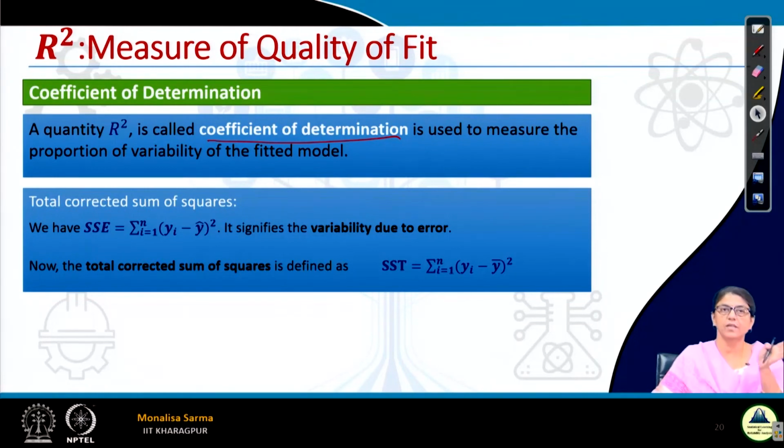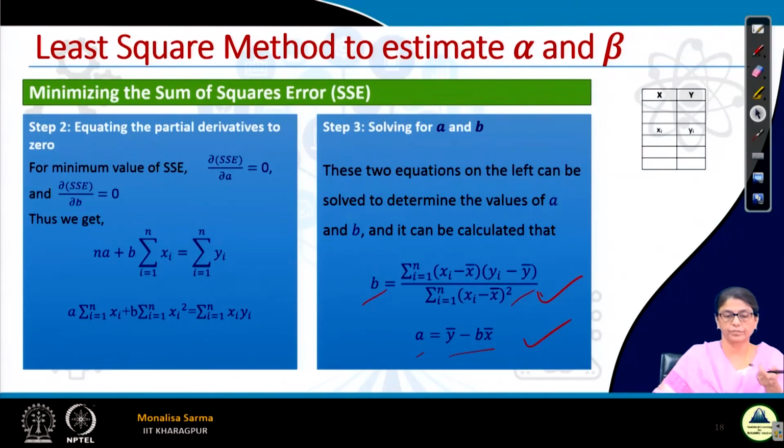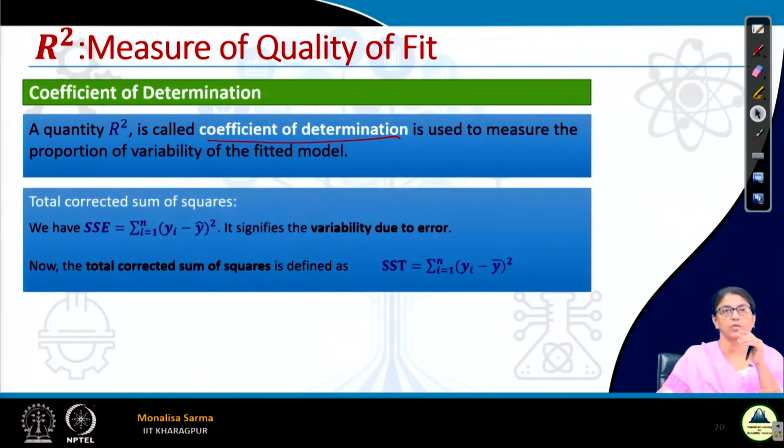So, to define R square basically we need two terms. One is SSE, which we have already seen. What is this SSE? Sum of squares error. How do you find the sum of squares error between the predicted value and the actual value? So, for R square calculation we need two values.